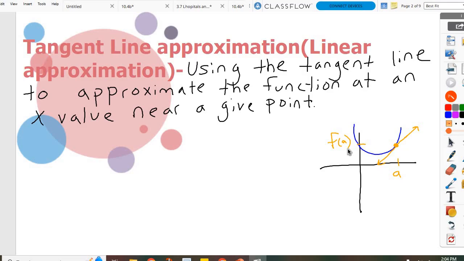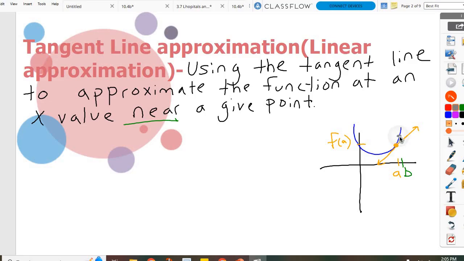So say I didn't want to know the value of f of a. I want to know some value, and again, it does have to be near a given point. So let's say that this is B, and B is pretty close to A, and for whatever reason, we can't actually find f of B very easily for our original function.